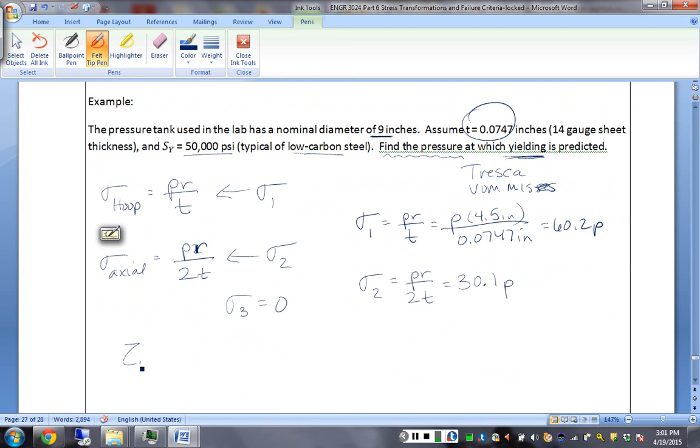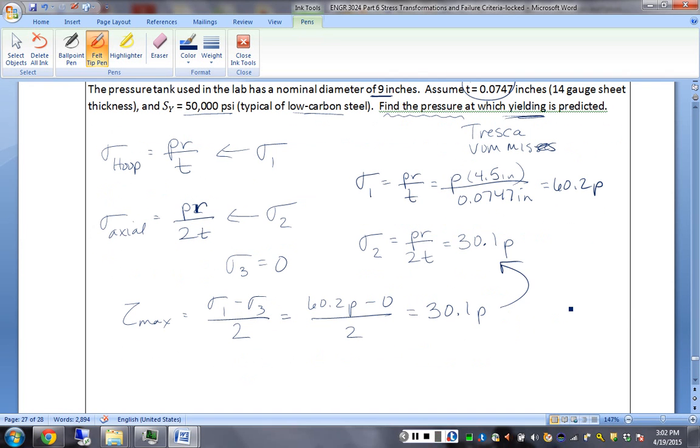Then we know that the maximum shear is equal to the first principal stress minus the third, over 2. Well, the third is 0, so 60.2 P minus 0 over 2 is in fact 30.1 P, which incidentally is equal to the second principal stress in this case.